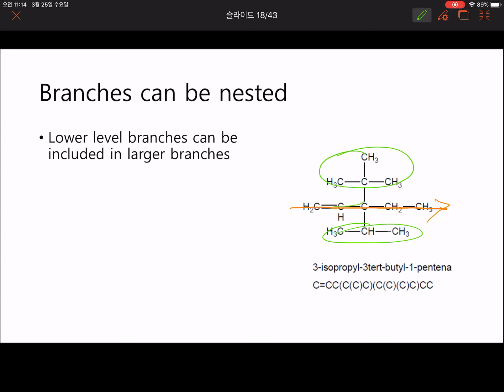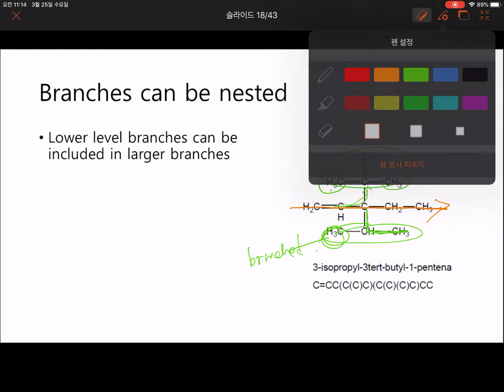But if you look at it this way, these ones are also branched, right? And if you choose one main line, this one is also branched, right? So let's look at this example.